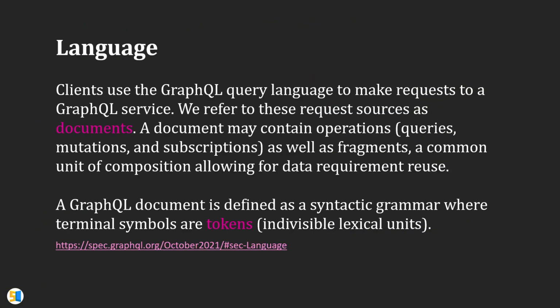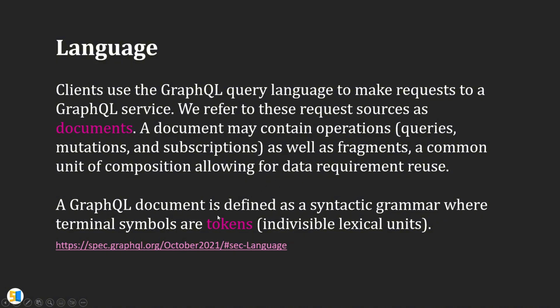If we see the GraphQL specification in the language section, let's read it together. Clients use the GraphQL query language to make requests to a GraphQL service. We refer to these request sources as documents. A document may contain operations like queries, mutations, and subscriptions, as well as fragments, a common unit of composition allowing for data requirement reuse.